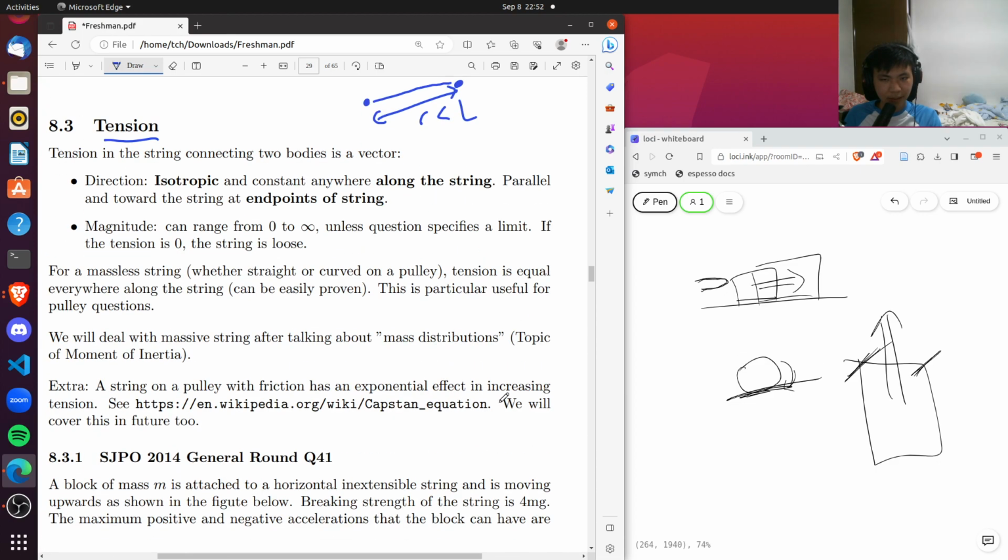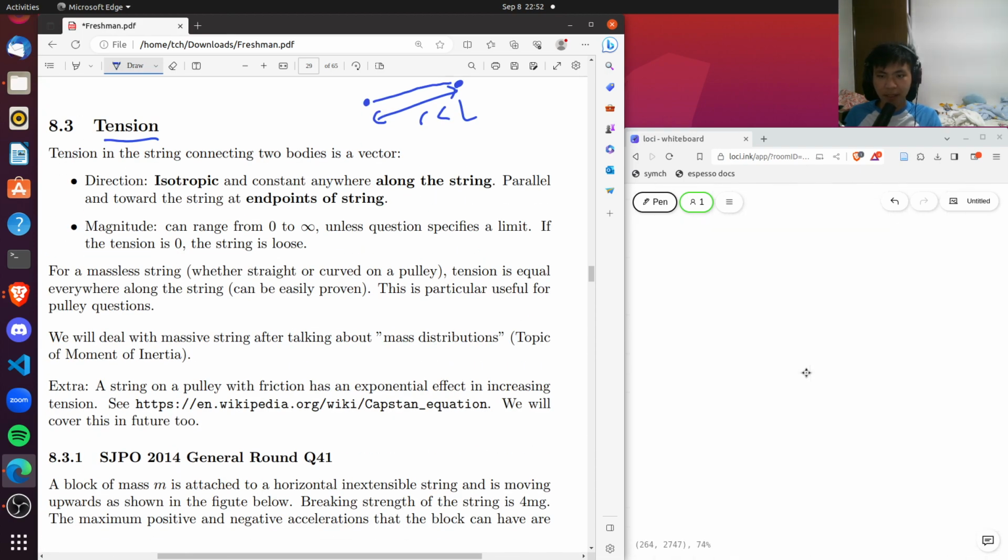So the last type of force is tension. Let's say I have an object A here and B. Tension would keep A and B together, but it cannot push them apart.